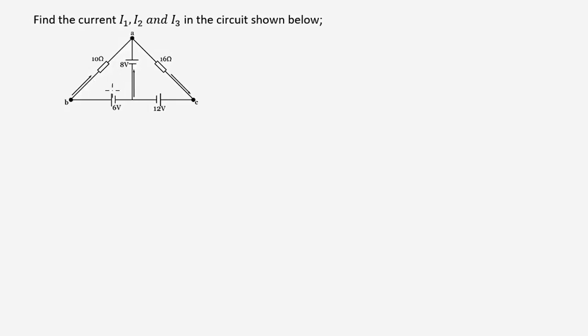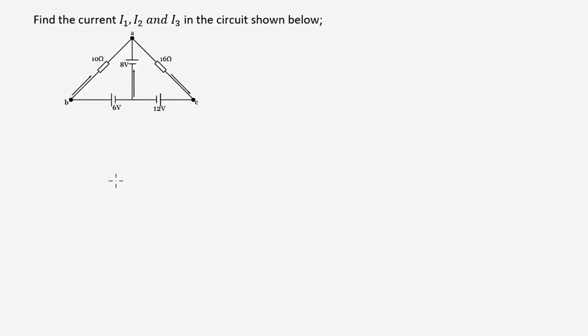You can see that there is current flowing along these paths. So we are going to determine the currents here, here, and here. The first step, like we mentioned earlier, is to assign a direction to the current in each branch of the circuit.